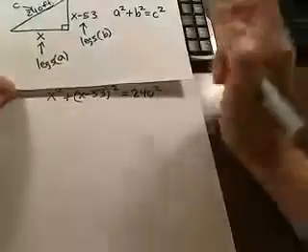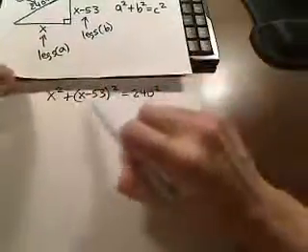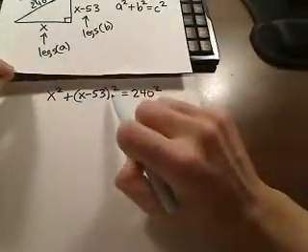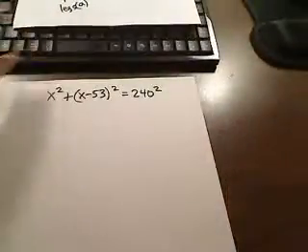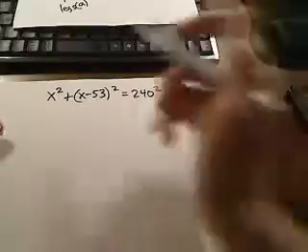Okay, so in other words, I'm plugging in x for the a, I'm plugging in x minus 53 as a quantity for the b, so the whole quantity is getting squared, that's why I have those parentheses there, and then 240 for the c.